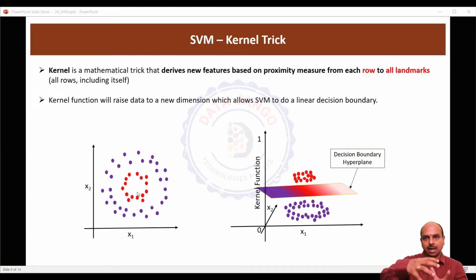It brings all the red dots on top and the violet dots on the bottom, and you can do a plane, a decision boundary hyperplane, to cut these two different classes. The records falling on top of the hyperplane belong to one class, and the bottom of the hyperplane becomes another class. When we created polynomial features, we did a similar kind of thing. Kernel trick also does a similar thing, but in a different way. So let us try to understand how exactly it works.